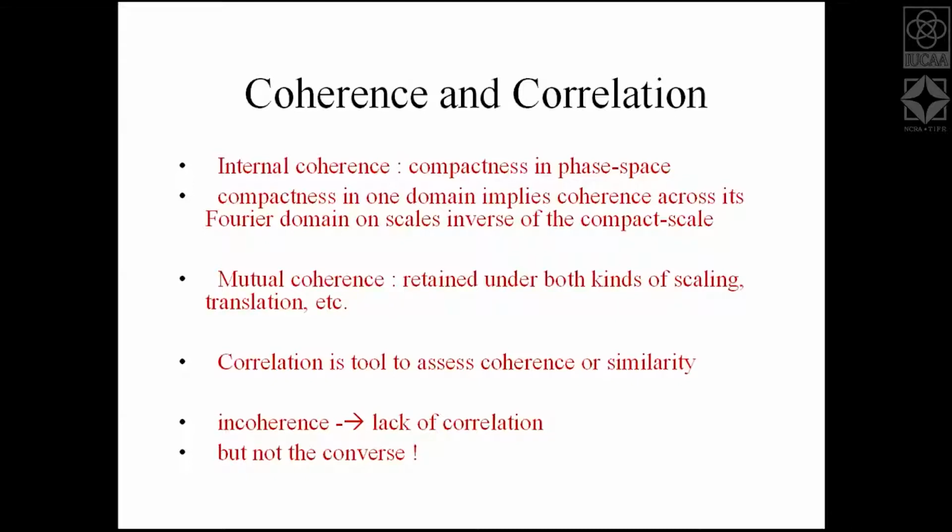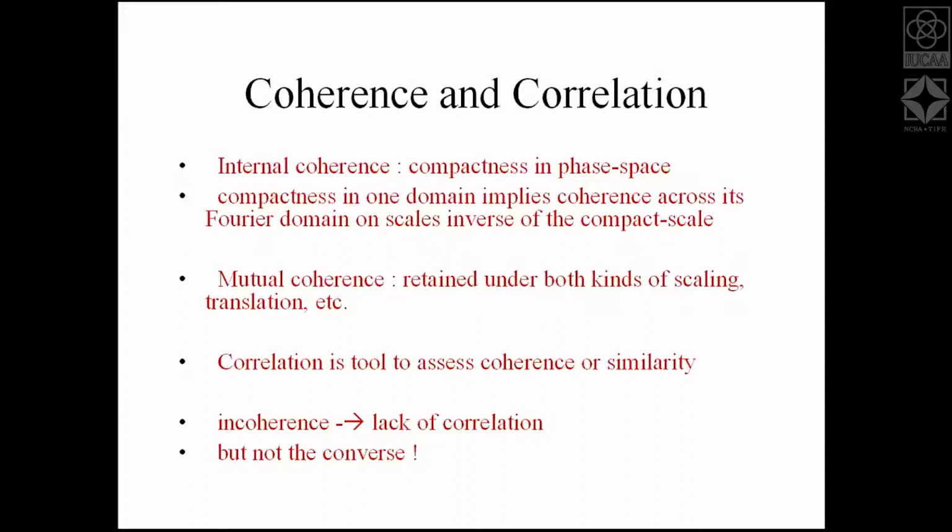That's the definition many people tell me. But it's much more deeper than that. Correlation is a technique to find similarity between the signals. Many times, many things that might appear dissimilar might still be coherent. But if they are incoherent, we are certainly going to find no correlation between them.